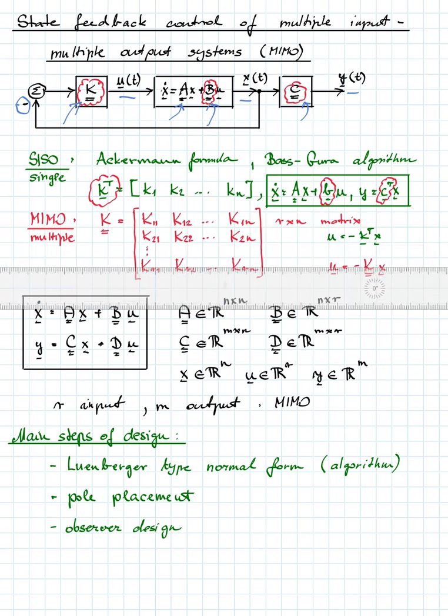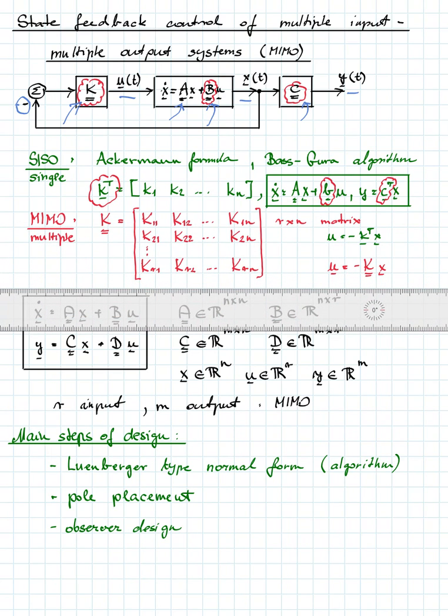But now, because it's a MIMO system, we have got not a K transpose row vector, but a K matrix. And in this K matrix, as you can see, there are r rows and n columns. It means that we have to obtain somehow r by n unknowns, which can be quite a huge number. So here is the difference again between the single input, single output, and multiple input, multiple output systems.